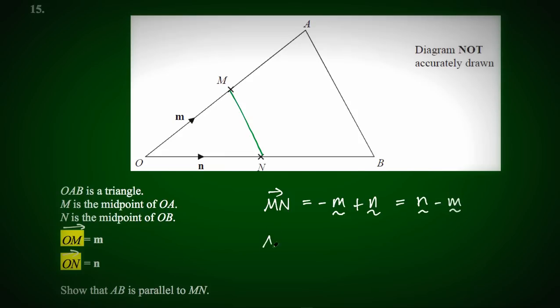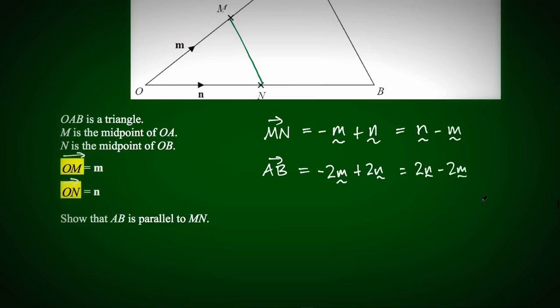AB is the same thing going on. If m is the midpoint of this line, in order to get from A to O, I'd have to go back 2m, minus 2m, and if n is the midpoint, again I'd have to go n and n again, so plus 2n, which equals 2n minus 2m. And I can factorize that to make sure it's clear.